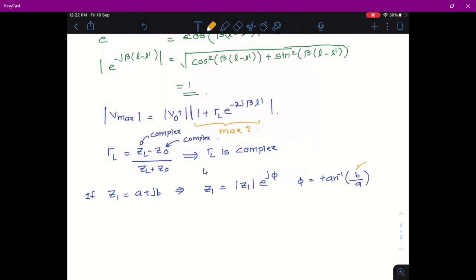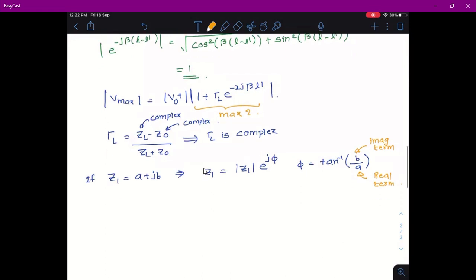So, B is the imaginary term and A is the real term. Fine. If you want an example, let us look at an example to make it clear.